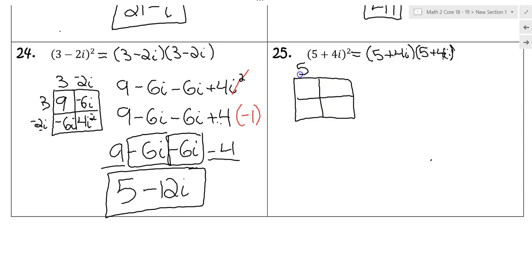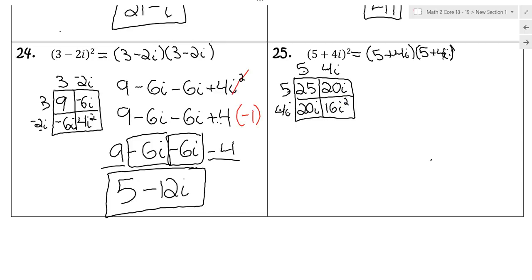So I have 5 and 4i and 5 and 4i. 5 times 5 is 25. 5 times 4i is 20i. 5 times 4i is 20i. 4 times 4 is 16. i times i is i squared.